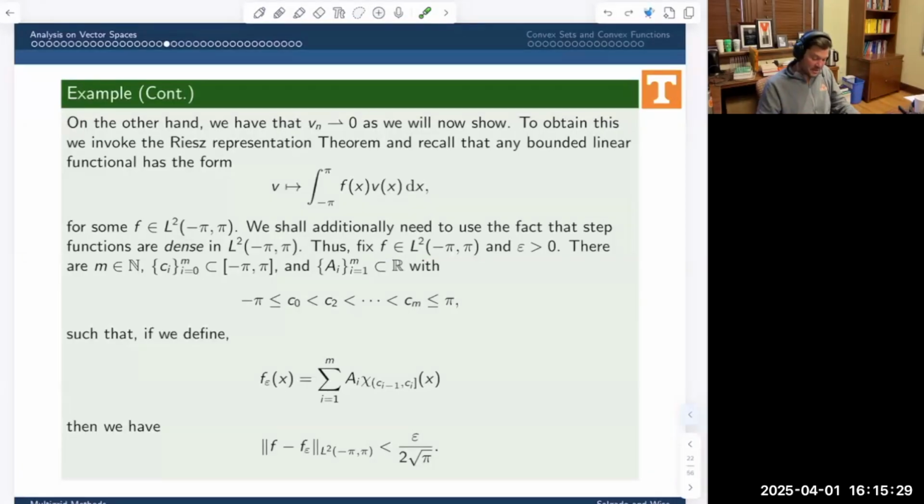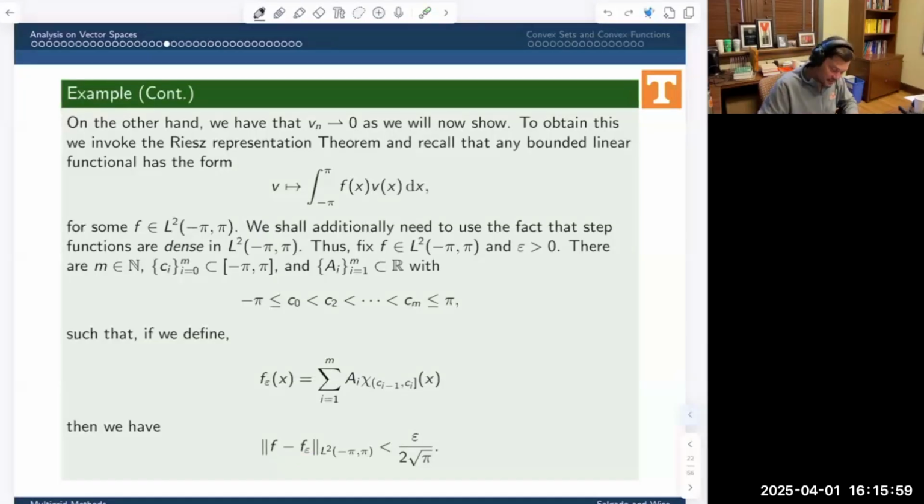So I can always build a step function, such that the norm of the difference between f and f epsilon is less than any small amount that I want. It turns out what's easiest for this proof is to make it epsilon over 2 square root of pi. So this is an arbitrarily sized number, and I can get f epsilon arbitrarily close to f.